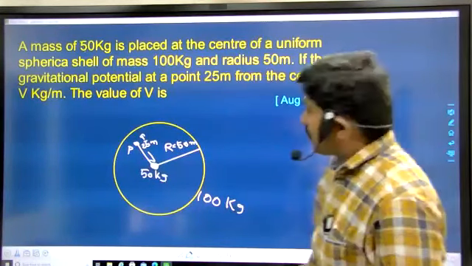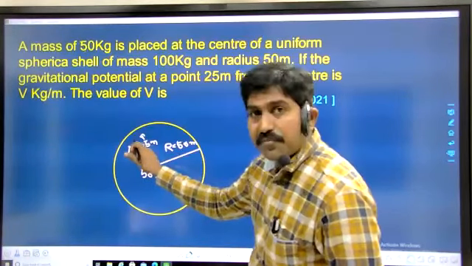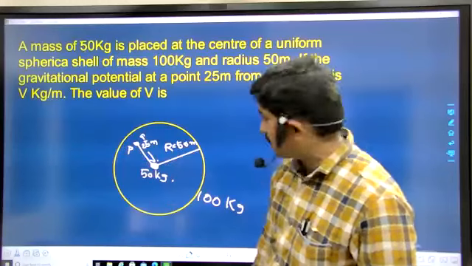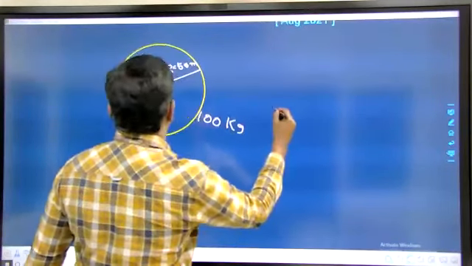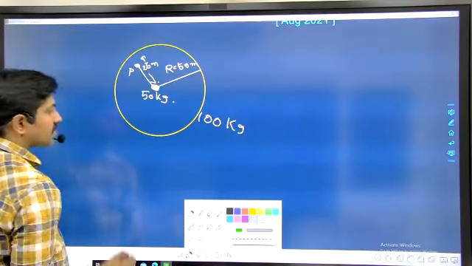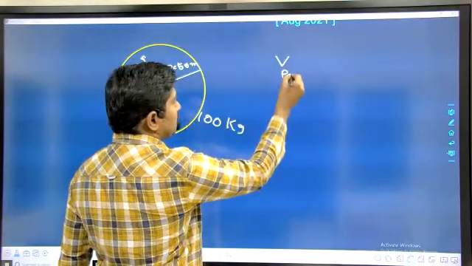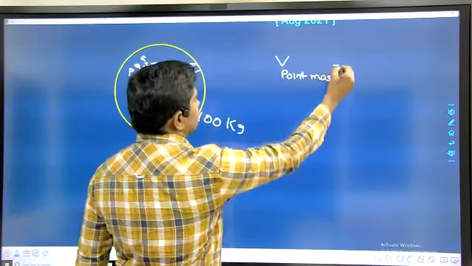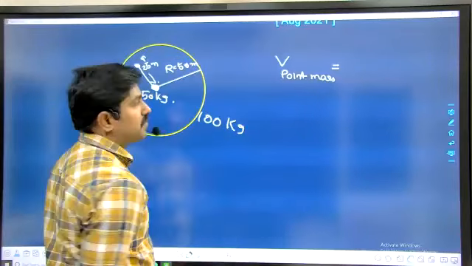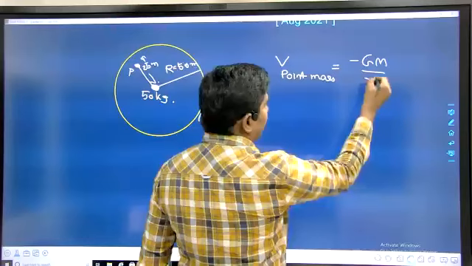What is the gravitational potential at this point due to the 50 kg? 50 kg is simply a point mass only, no? For a simple point mass, what is the formula for gravitational potential? Simply minus GM by r.